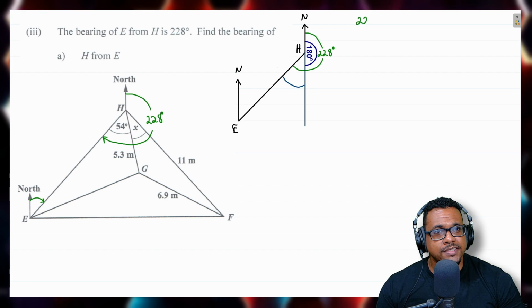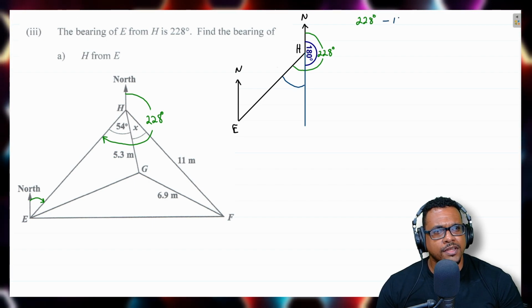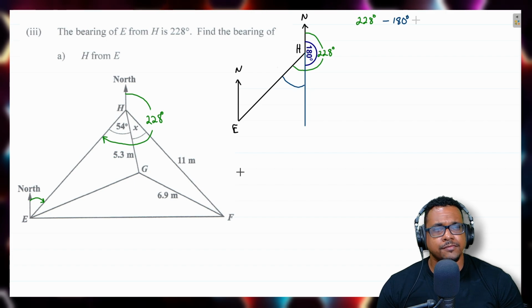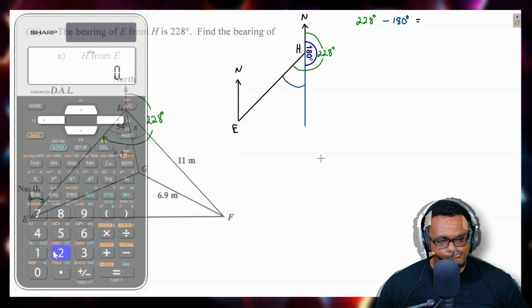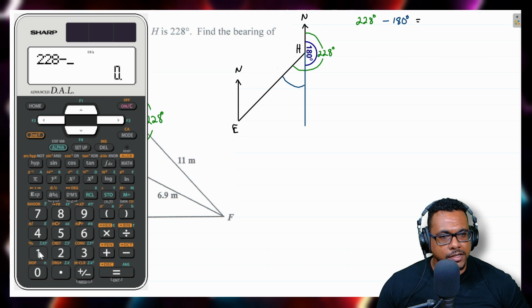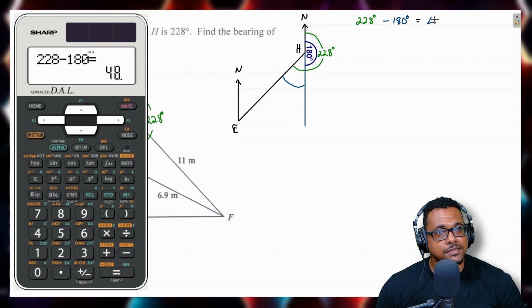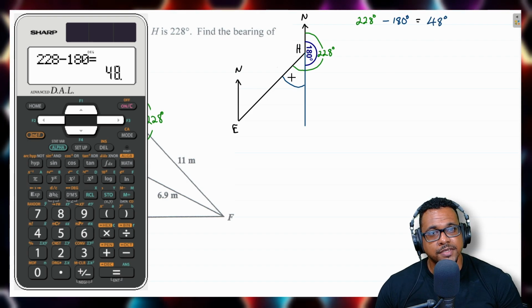So 228 degrees take away 180 degrees, we have 228 take away 180, and we get 48 degrees. All right, so this here is 48 degrees.